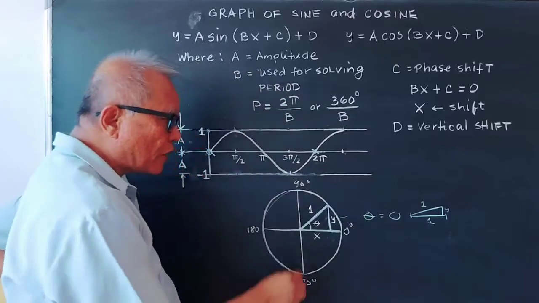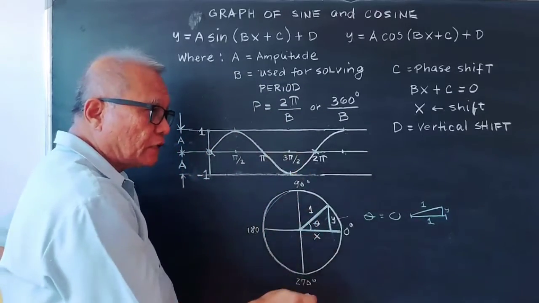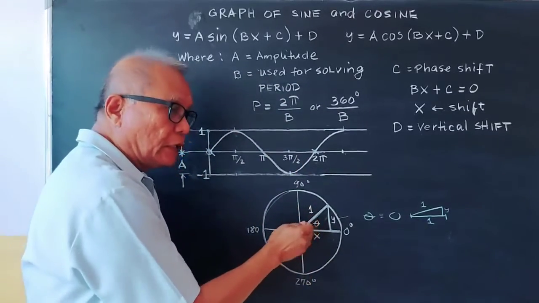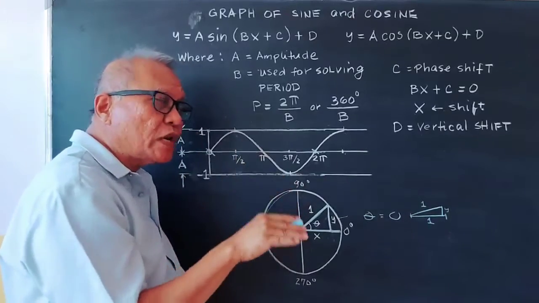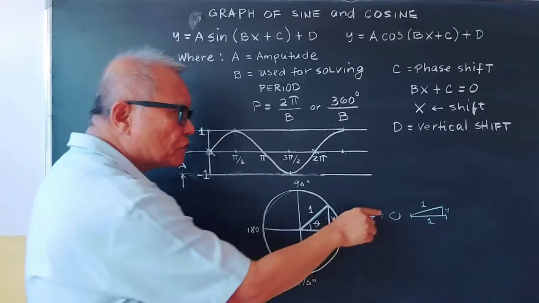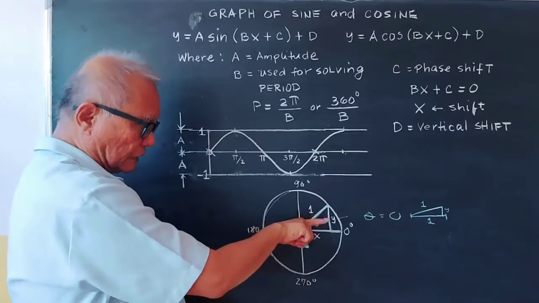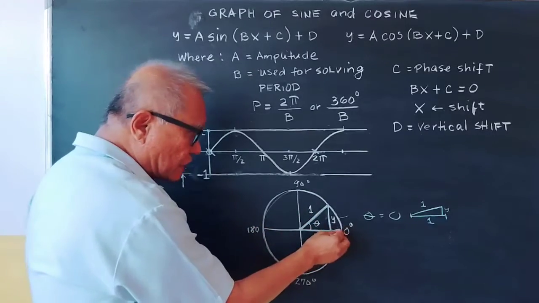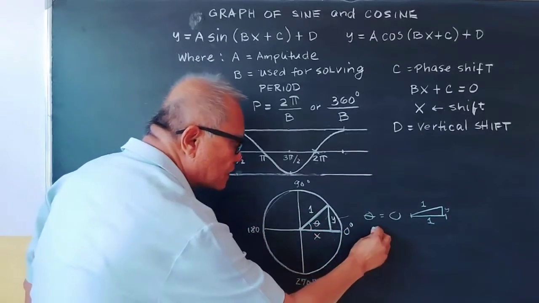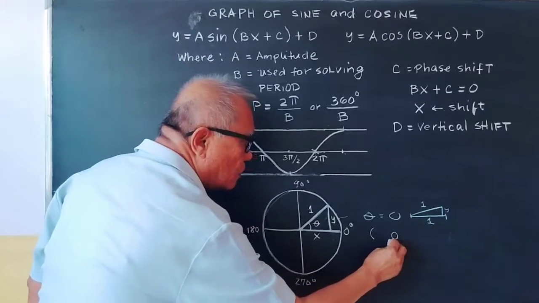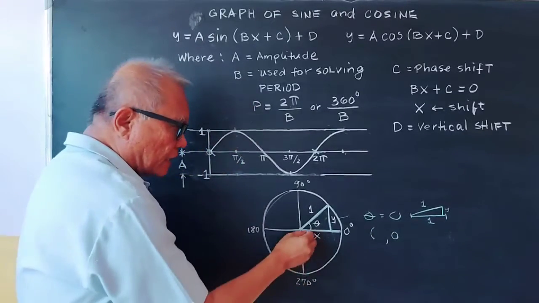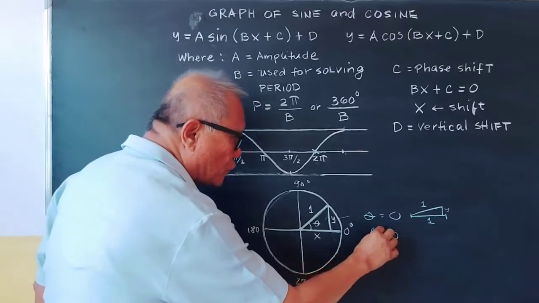What happens to the y? If our value of theta is becoming smaller and smaller, what happens to the y? When it is already 0, the y becomes 0. What about the x? The x now will be equal to 1.